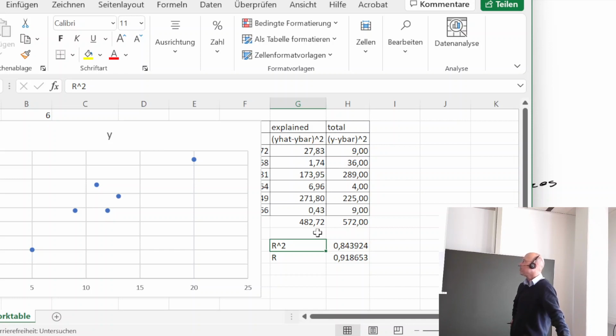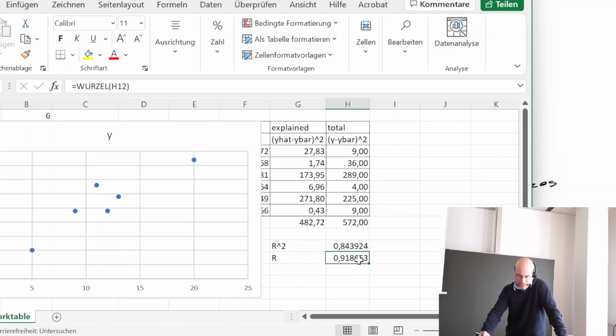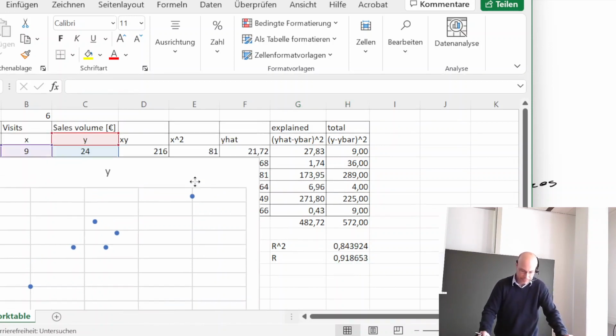Our coefficient of correlation could, if we don't look at our data, also be negative. But if we look at our data, we see that we have a positive dependence, and then we of course need the plus sign here.